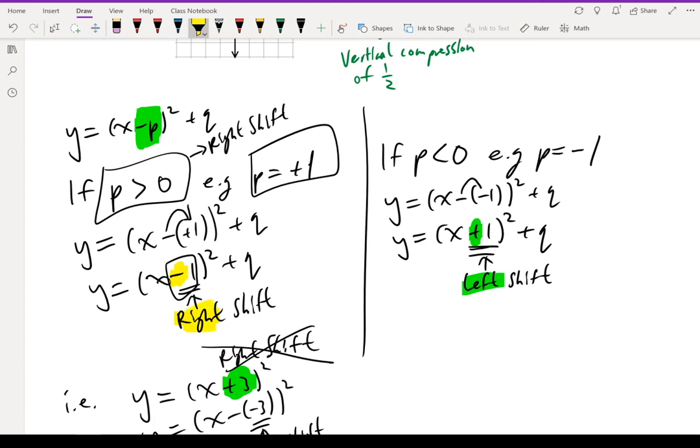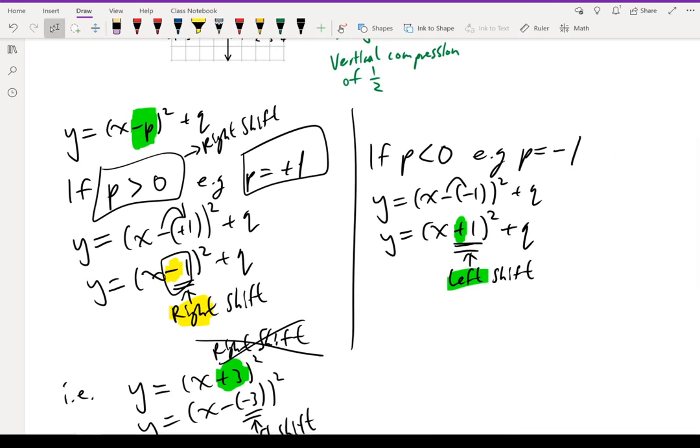I hope you would find this less confusing now. If you try to remember in terms of the p value, you're going to have to put that into x minus p, which means that if p is negative, it's going to be minus negative, which means it's going to be plus in the end. And the same the other way around.